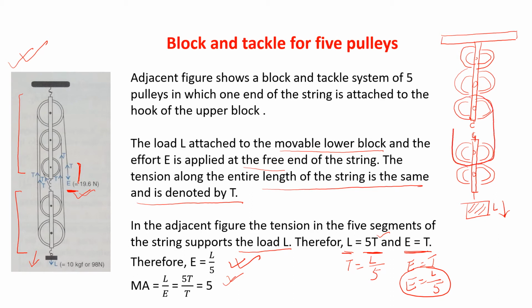From this it will go to this one. Then it will come from here to here. Then it will go straight and it will come here like this. But the string should be straight. String should not bend. My drawing is not good, but you please do properly.